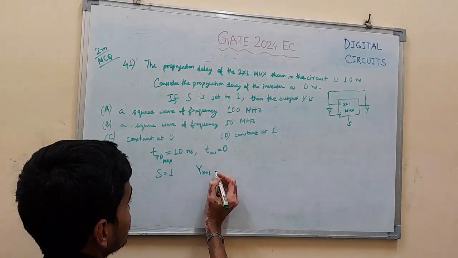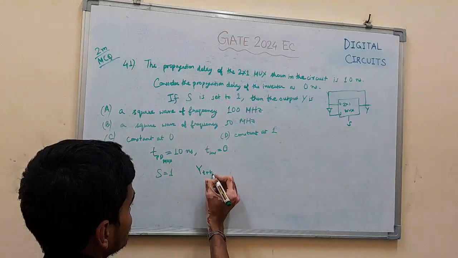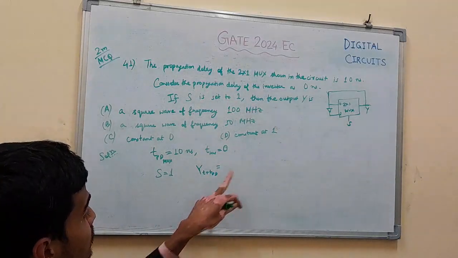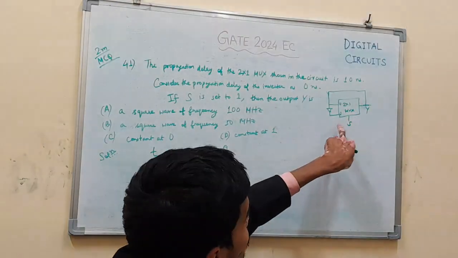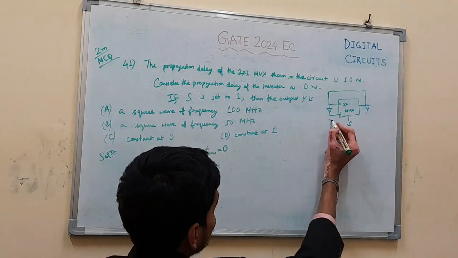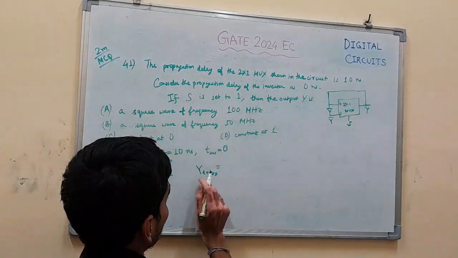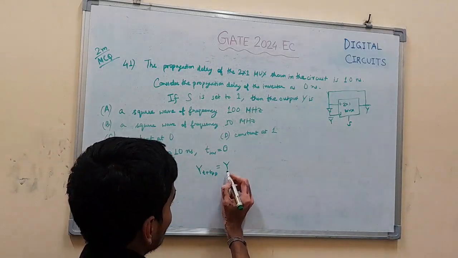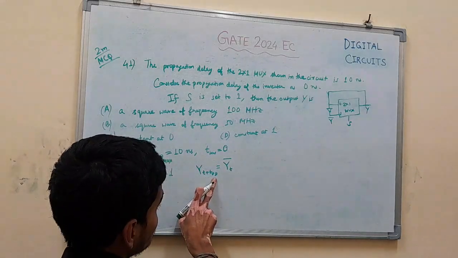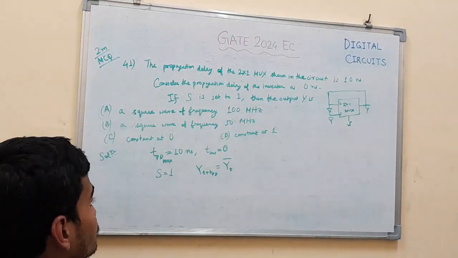After the propagation delay, Y at time T plus TPD will be the inverted value of Y at time T, because the selected input is Y bar.